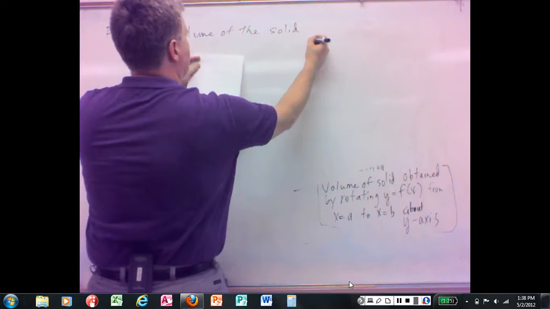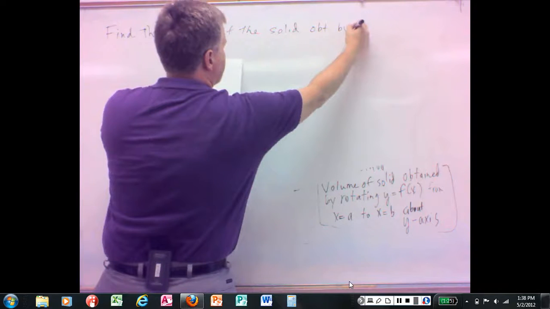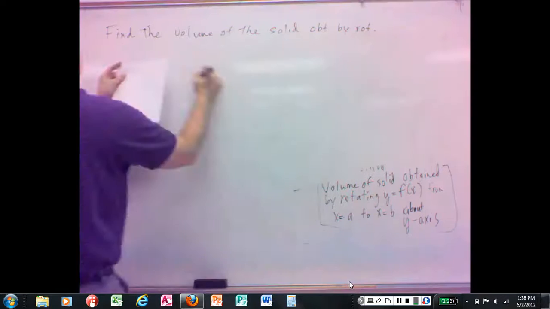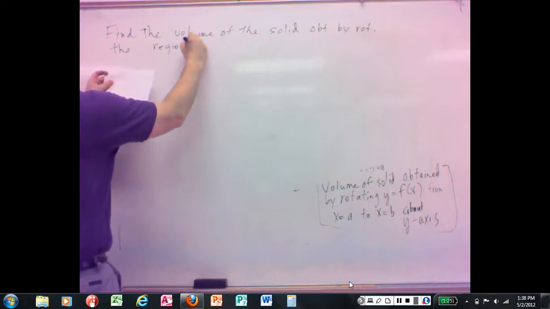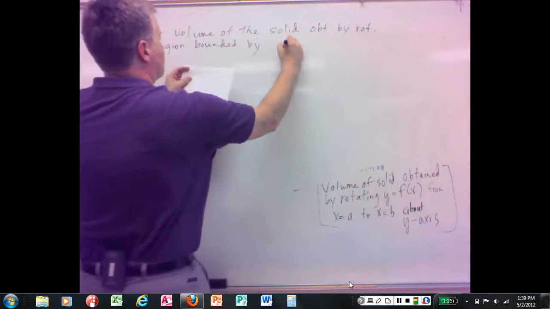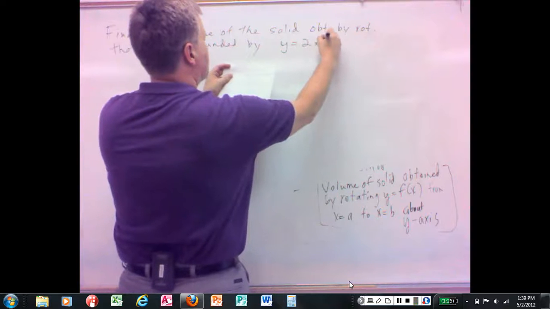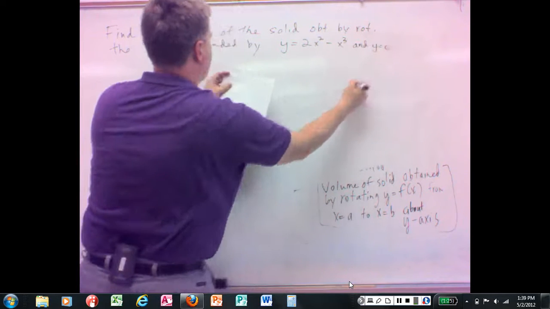Find the volume of the solid obtained by rotating, really abbreviate here, the region bounded by y equals 2x squared minus x cubed and y equals 0 about the y-axis.